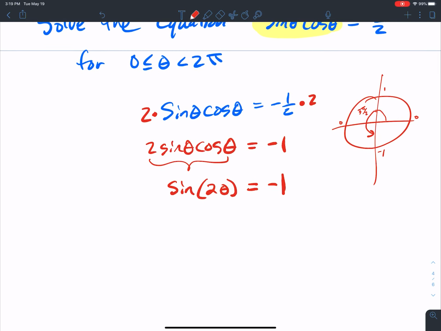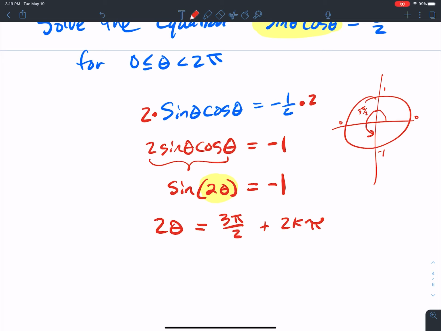Okay? So what does that mean? I need for what's in there, that 2 theta, I need this to equal 3 pi over 2, plus 2k pi, because if I rotate a full 2 pi, then I get back to my same angle.